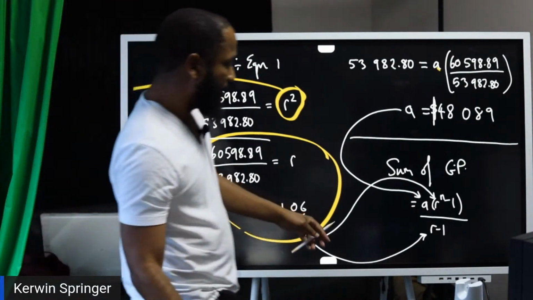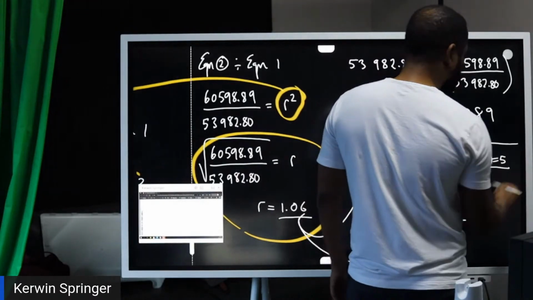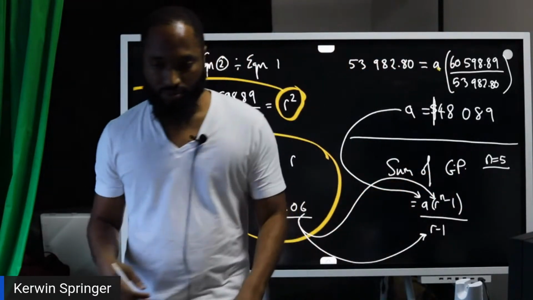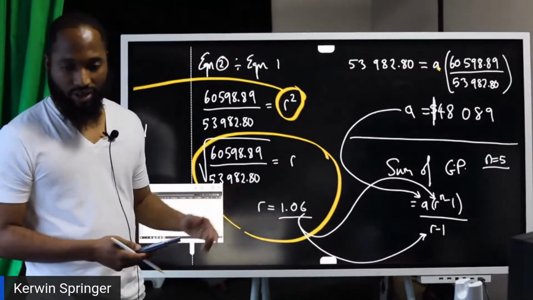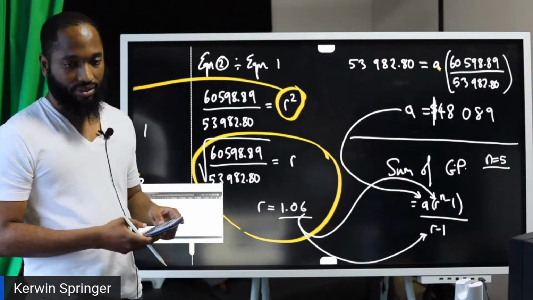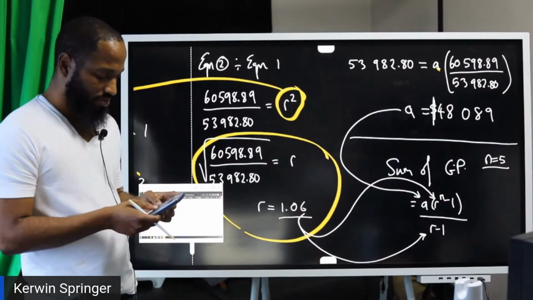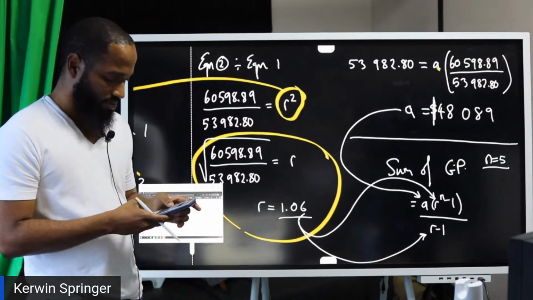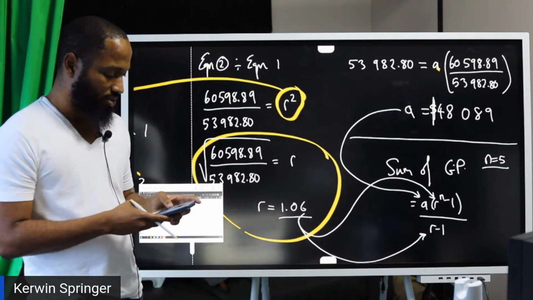And here, N is 5, because they want the sum to the fifth term. After 5 years, it's a 5-year contract. So N is 5. I guess maybe that was the number that some of you were waiting on.